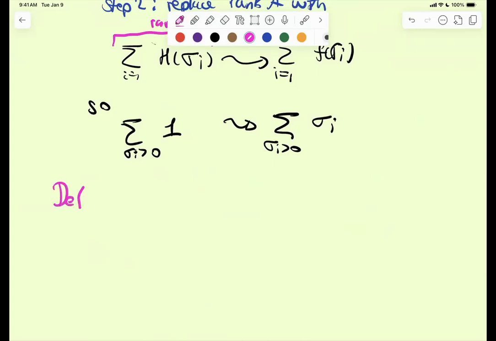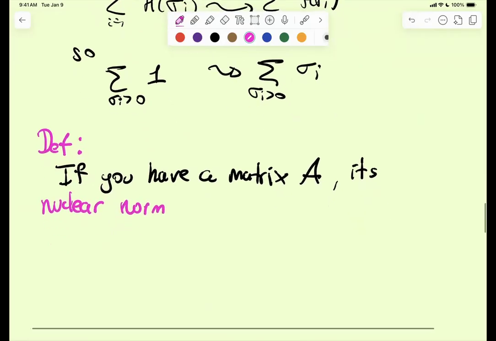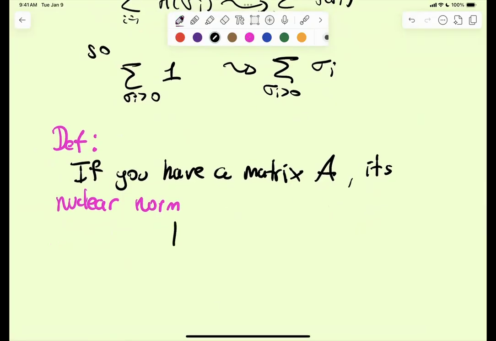If you have a matrix A, then its nuclear norm, A star, is defined as what you just saw.